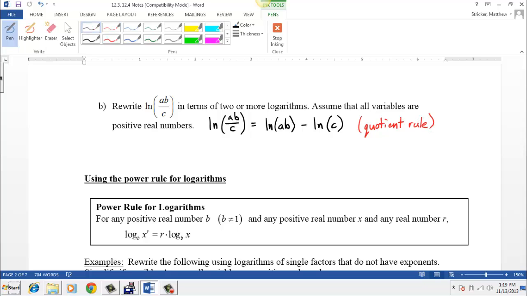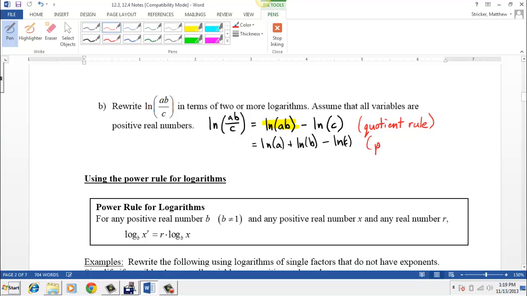And am I done there? Can I keep going? Well, you should notice then that this first part is a place where we can apply the product rule, right? So I could rewrite the first part as the ln of a plus the ln of b, minus the ln of c.